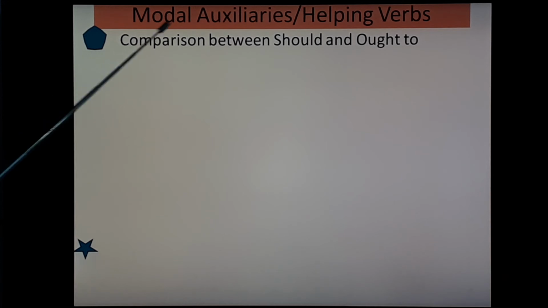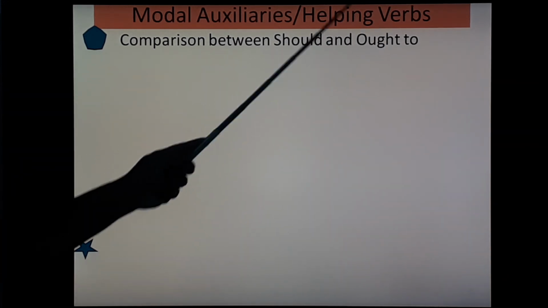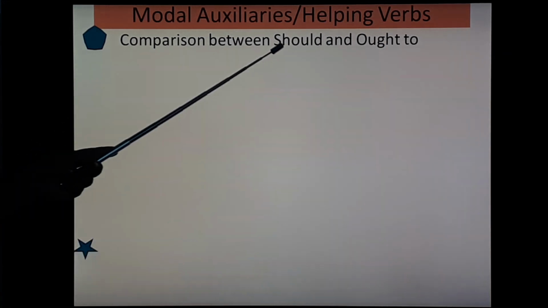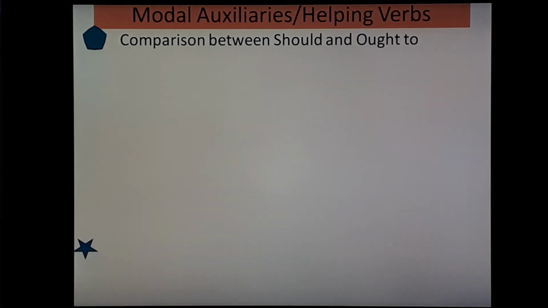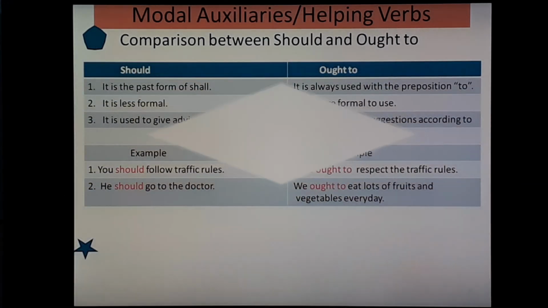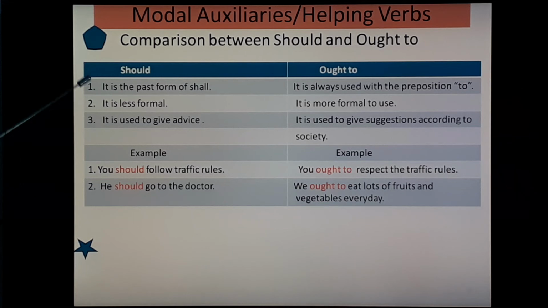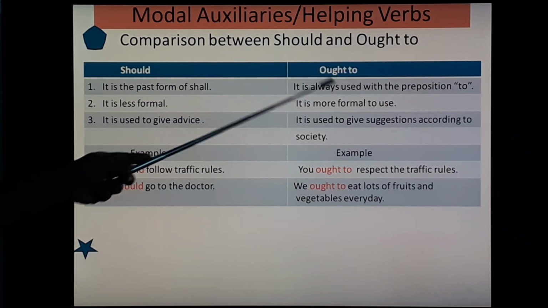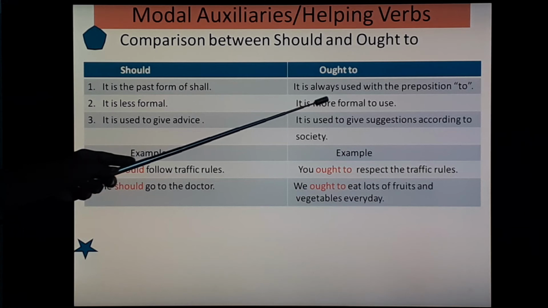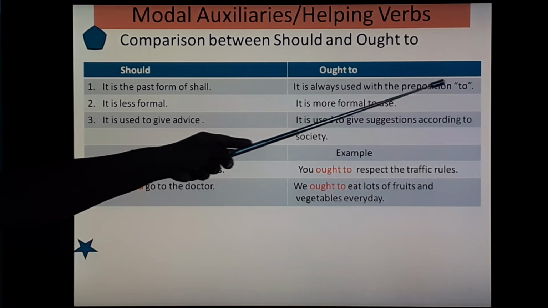Let's see the comparison between should and ought to. One is informal and another is formal. Should is the past form of shall, whereas ought to is always used with the preposition to.